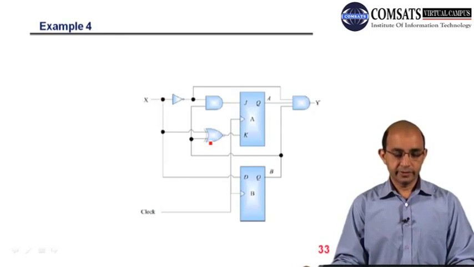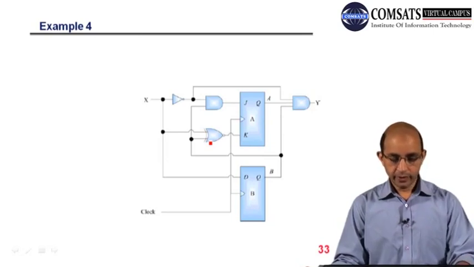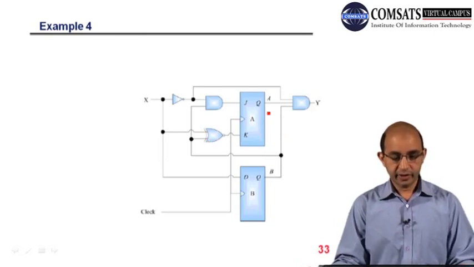So let's start another example. You can see the difference: here we have 2 flip-flops. Before that example, we had the same flip-flops: if we have D, then we have D flip-flops in the circuitry, and if we have JK, we have all JK flip-flops.